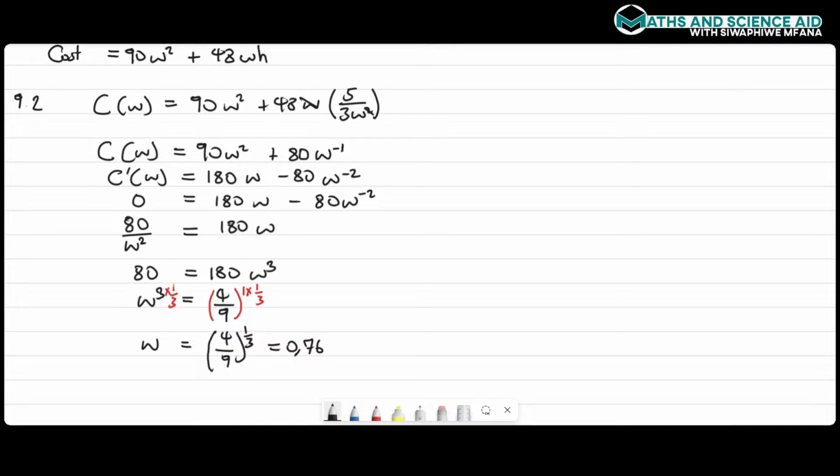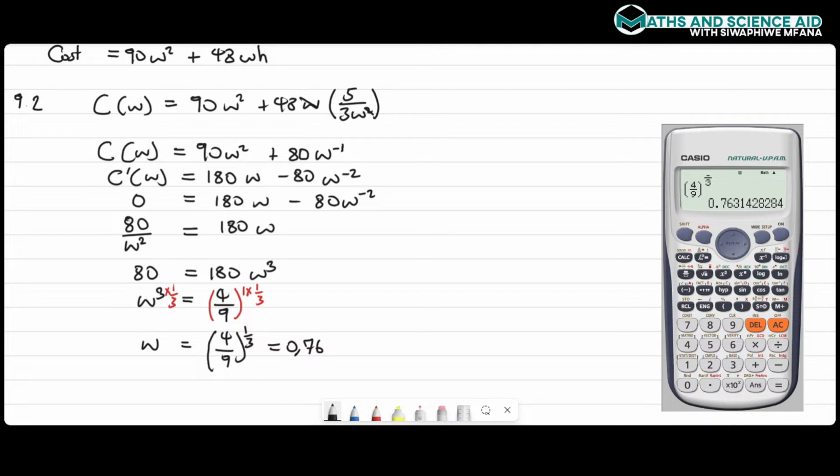I really hope so. So let me actually just test it and also show you the calculator. I'm just going to substitute this value in here because we're solving this equation.